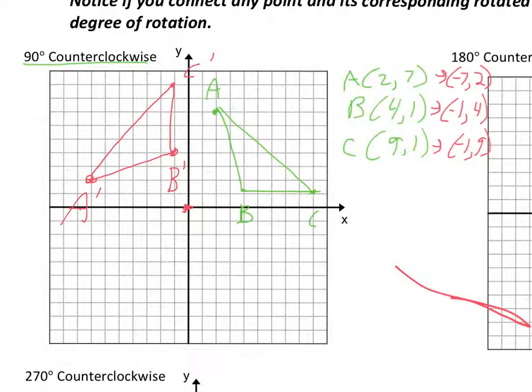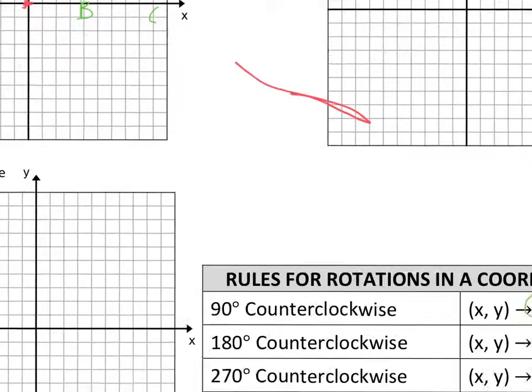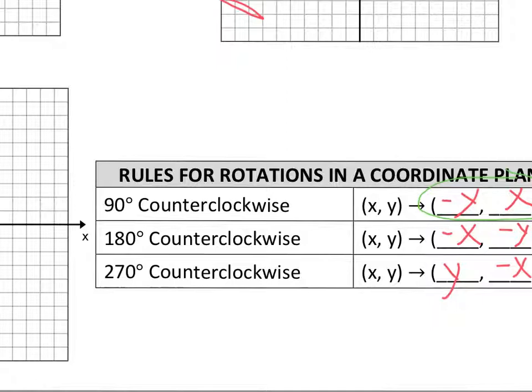Well, let me ask you this question. Now notice that our chart says only 90 degrees clockwise, 180 degrees counterclockwise, 270 counterclockwise. Well, if I rotated a point 90 degrees counterclockwise and I ended up here, what if I told you 270 degrees clockwise? Notice that's not anywhere here.